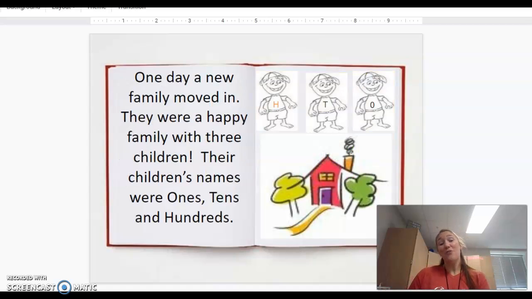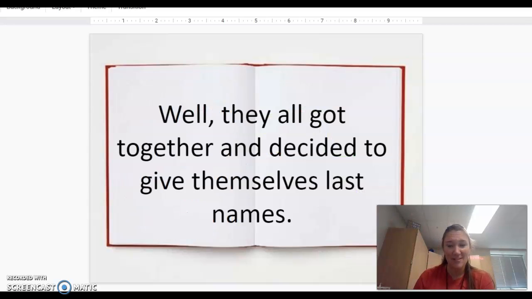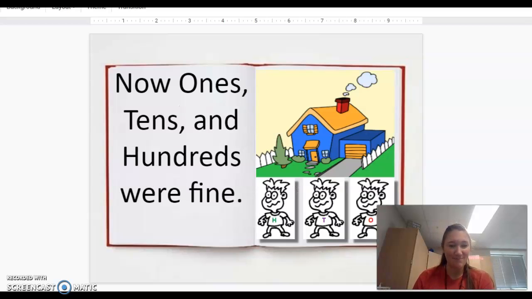One day, a new family moved in, and they were a happy family of 3 children. Their children's names were ones, tens, and hundreds. Now, this caused a problem because when dinner was ready, Mom would call ones, tens, hundreds, and all the children would come to dinner, and there would be too many children. Well, they got together and decided to give them last names.